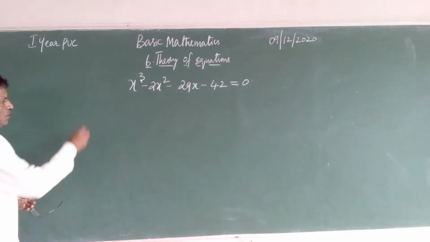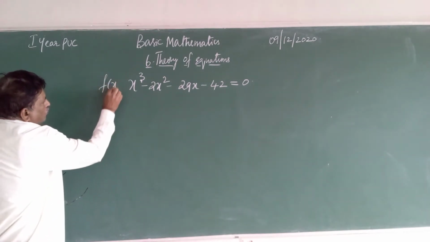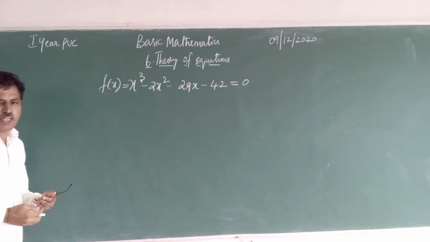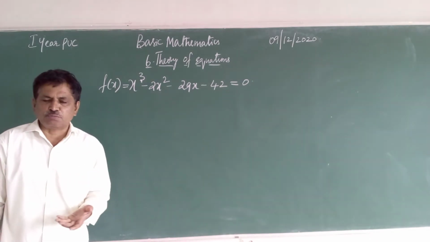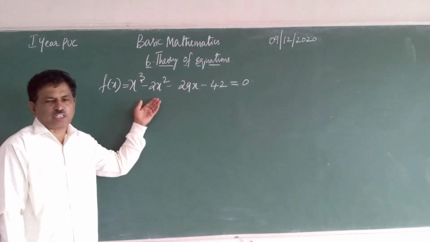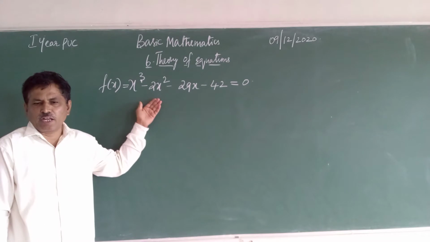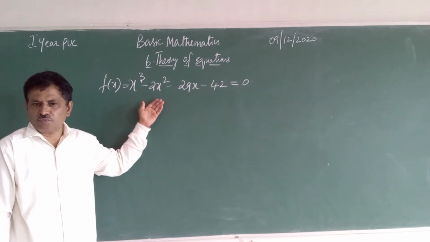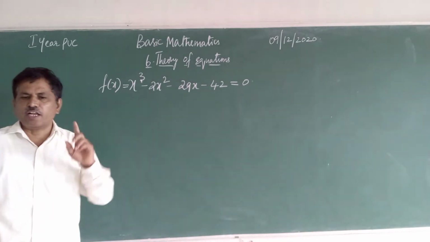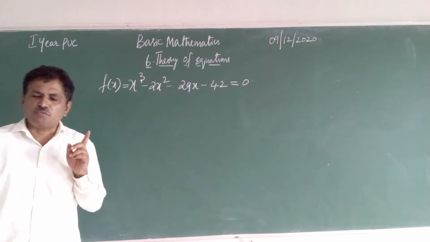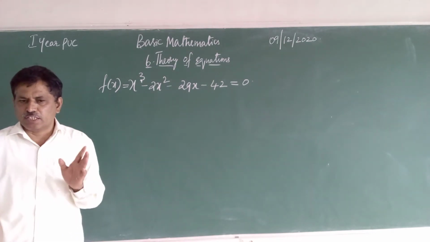The given question is f of x. To find q of x means to find the first factor of this one, by trial and error, and that should be a value between minus 3 and 3.